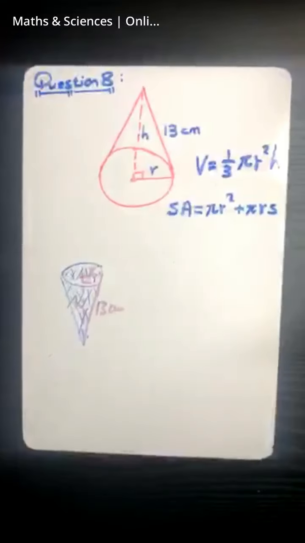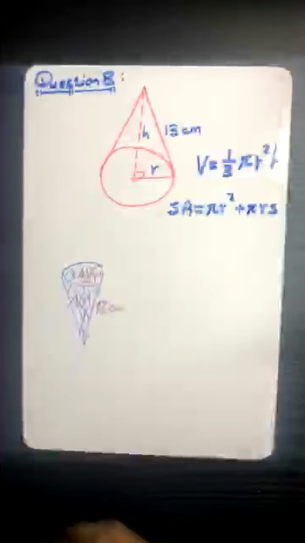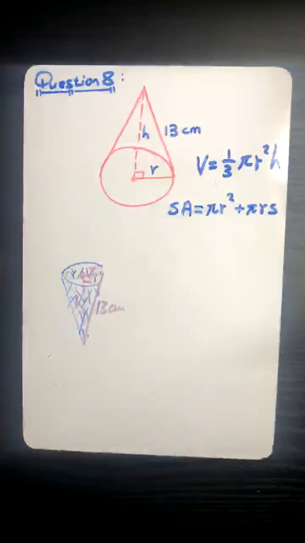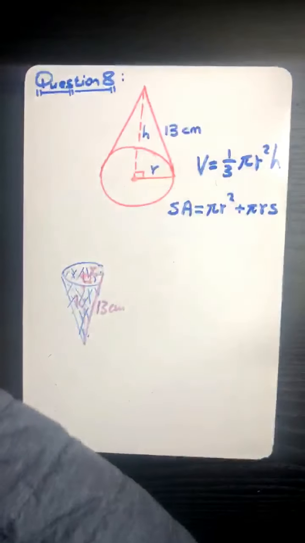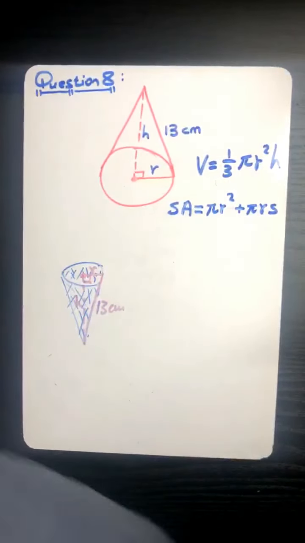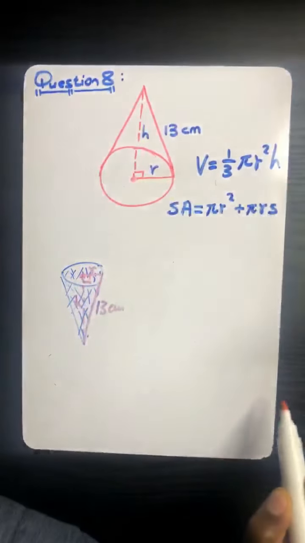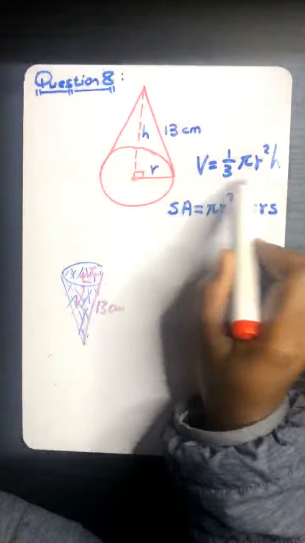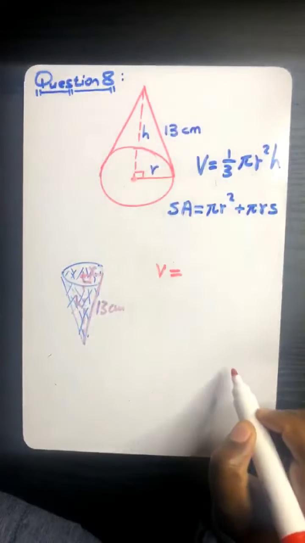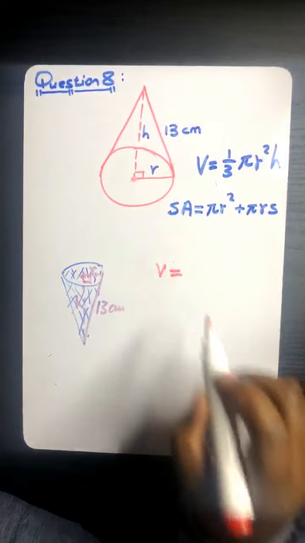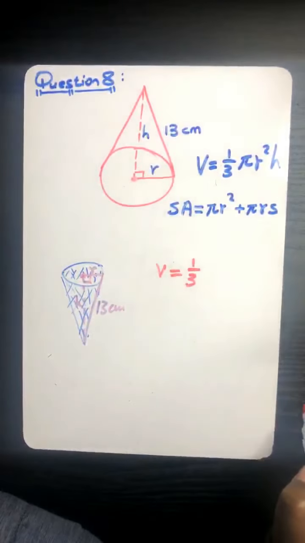Okay, 100%. So now that you guys are able to visualize that, let me just explain something before I remove all of that. Here you are given the formulas. This is the formula for the volume, V stands for the volume. So 1 over 3 is just a coefficient which you should not worry about.